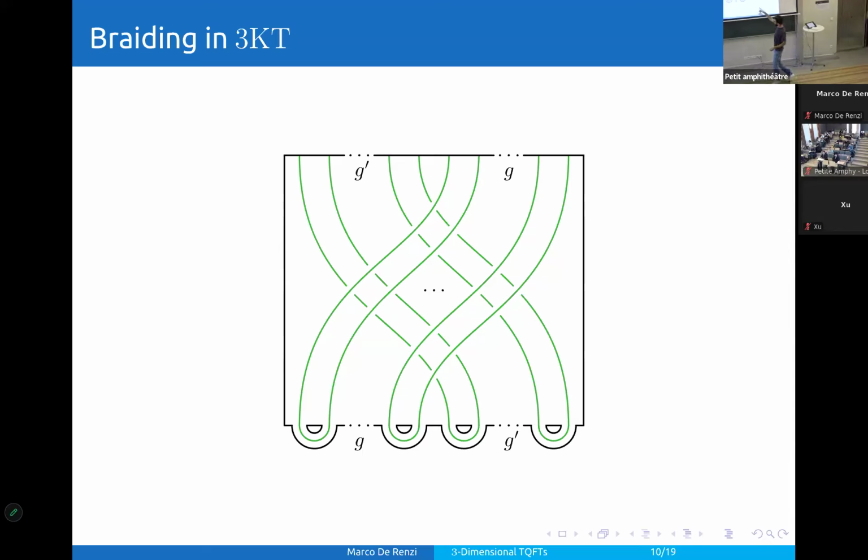If you have a Kirby tangle and you want to get a cobordism out of it, you dig tunnels following the top tangle components, and you have to do this topological operation on closed components called surgery in order to get a cobordism from a genus G surface to a genus G prime surface with one boundary component.